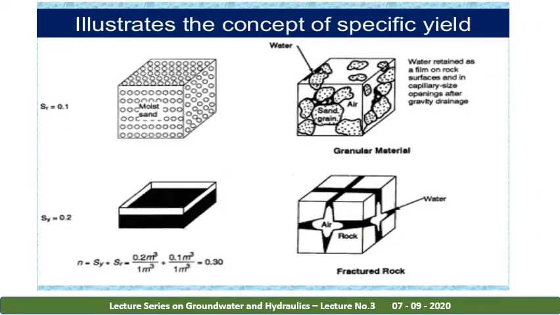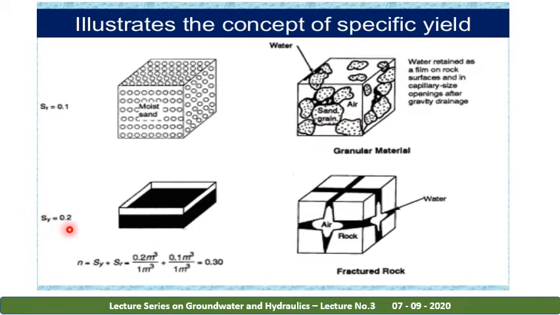Here you can see in this diagram, the concept of specific yield is illustrated. In this particular diagram, you can see moist sand is there. In moist sand, you will be having a retention of 0.1%. Whereas in granular material, you may have maximum water and air.